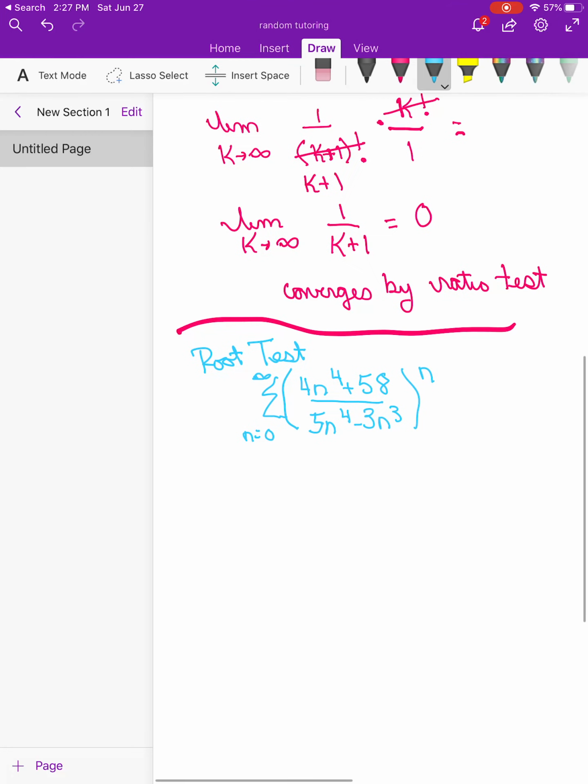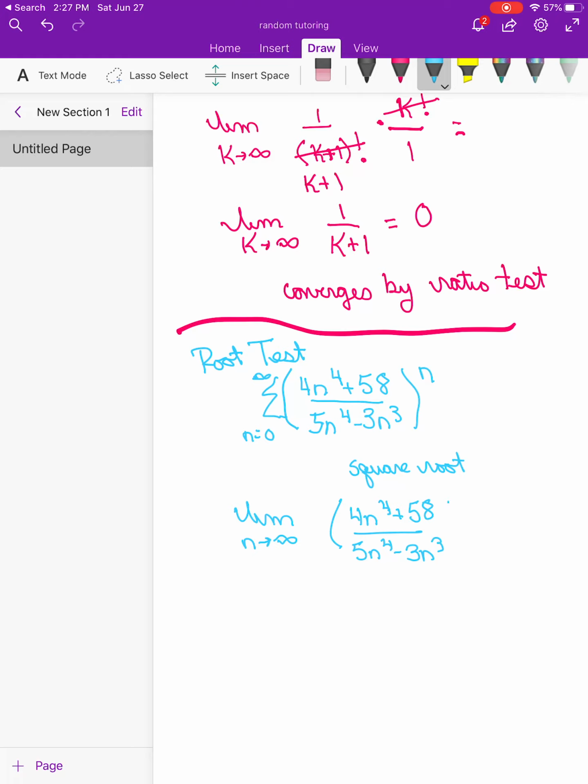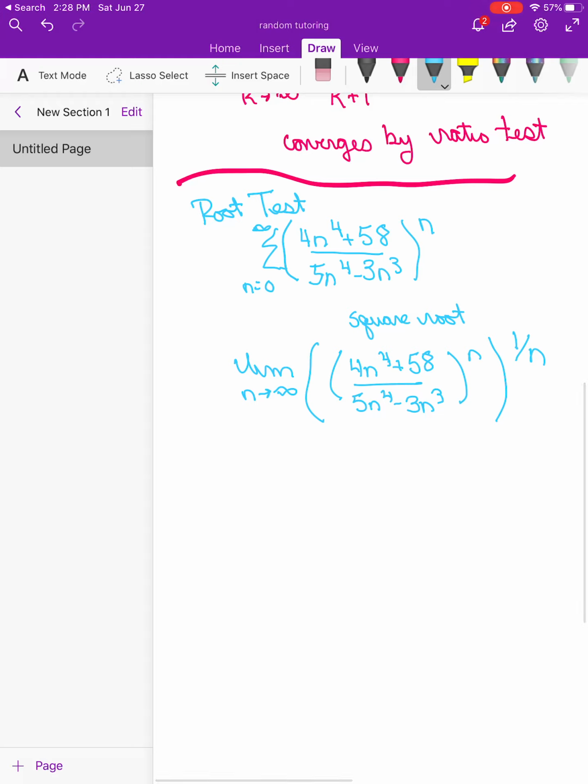So the root test says you take the nth root of everything. You're going to find the limit as n approaches infinity of 4n to the 4th plus 58 over 5n to the 4th minus 3n cubed, all to the nth power. Then we want to take the nth root of that whole thing, so that's to the 1 over n. And that's really nice because this cancels.